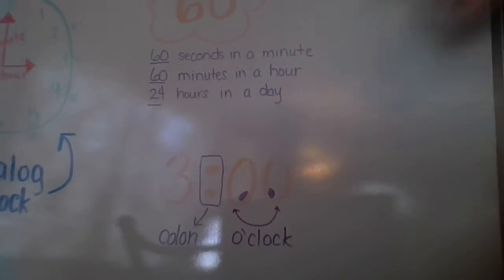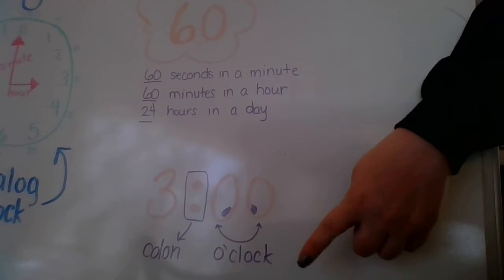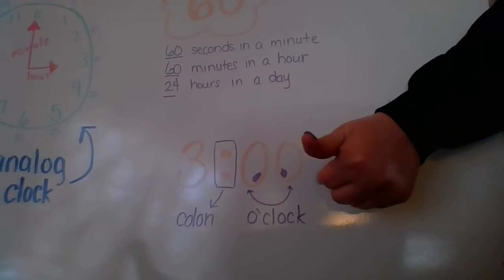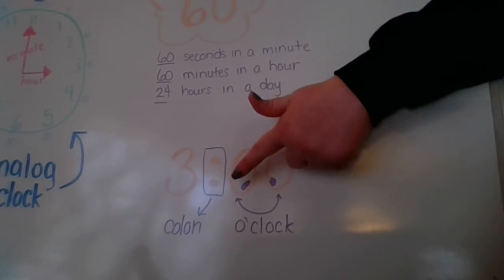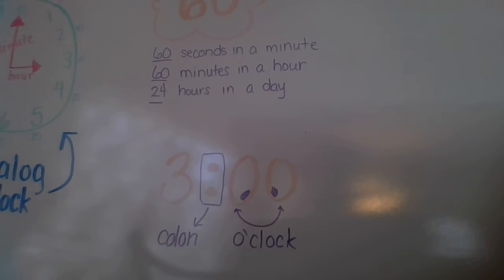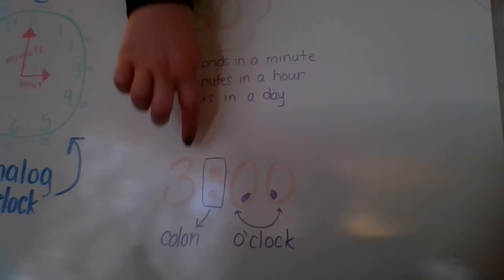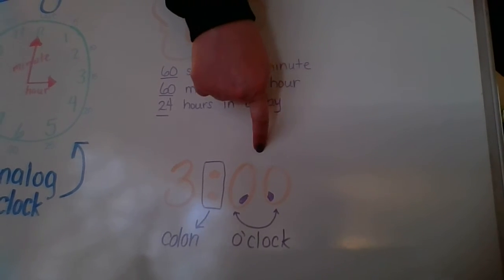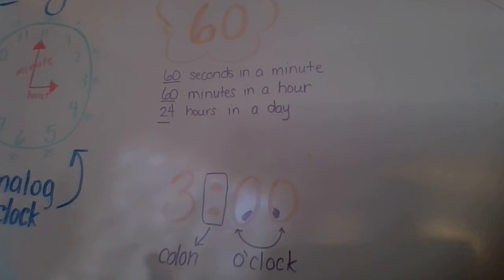If we were going to write 3 o'clock, there's our little smiley man, we would use the number 00. That means o'clock. This little thing that looks like double dots here, that's called a colon. That goes in the middle to separate the hour from the minutes. So 3 o'clock is how we would read that.